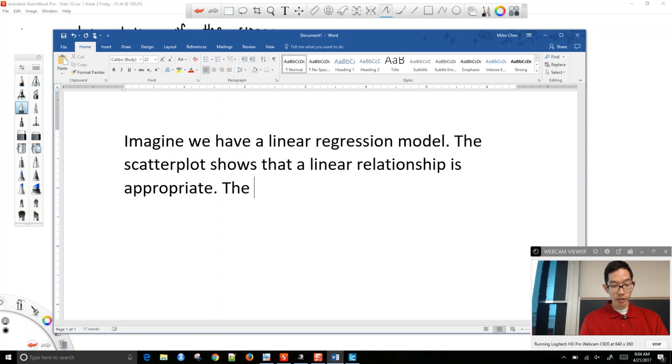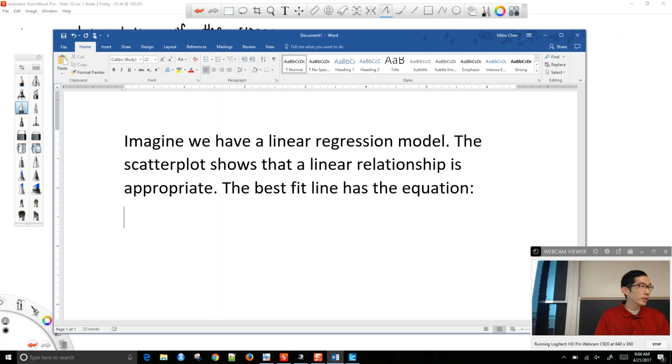The best fit line has the equation, expected height, height hat is equal to 1.25 plus 0.45 times days.